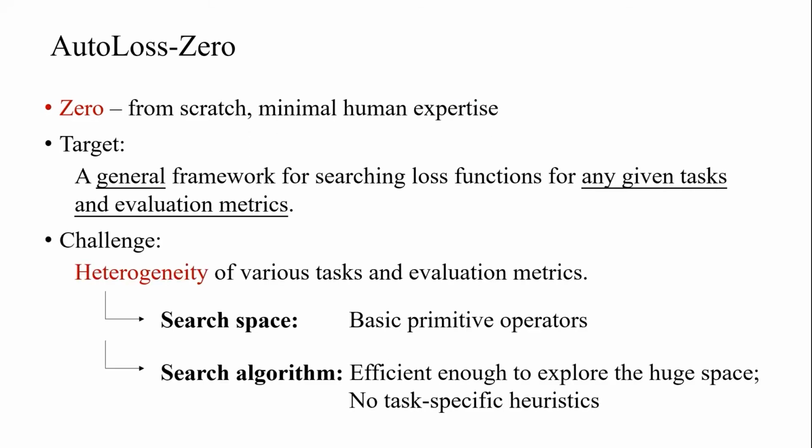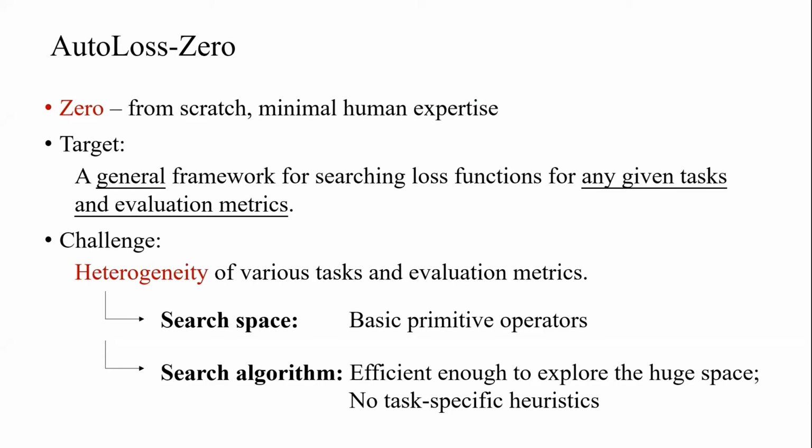Here comes a very important challenge: the different tasks and evaluation metrics are heterogeneous. So to make our framework generally applicable to different computer vision tasks and different evaluation metrics, we should design the search space and search algorithm carefully.